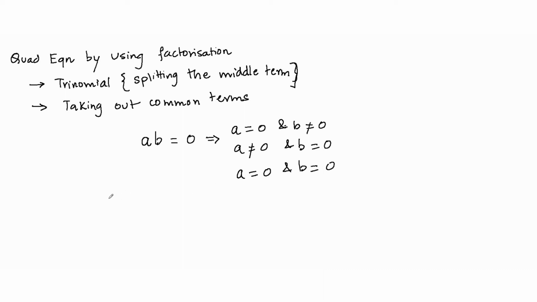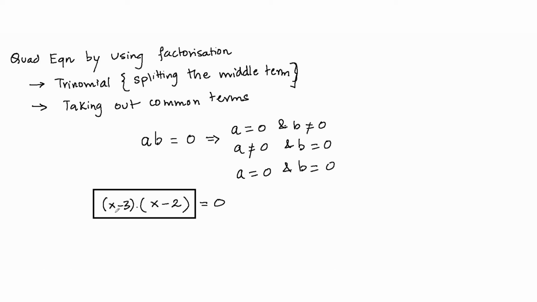So similarly, if I say that I have two terms whose product is equal to 0, say this is x minus 3 and this is, say, x minus 2. If you notice carefully, this is actually the factorized form, right?